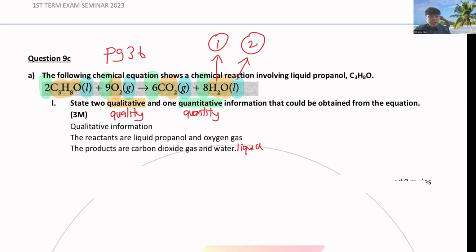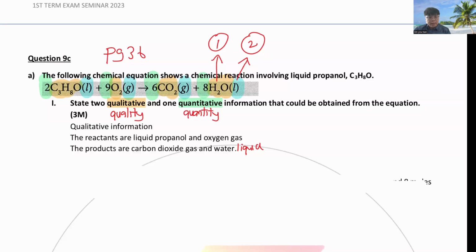Of course, if it has, you need to write, because from the equation you are able to know they are liquid or gas. If they don't tell you, you don't write, because you don't know. From the equation you don't know if it is solid, liquid, or gas. But if they are given, you need to write.